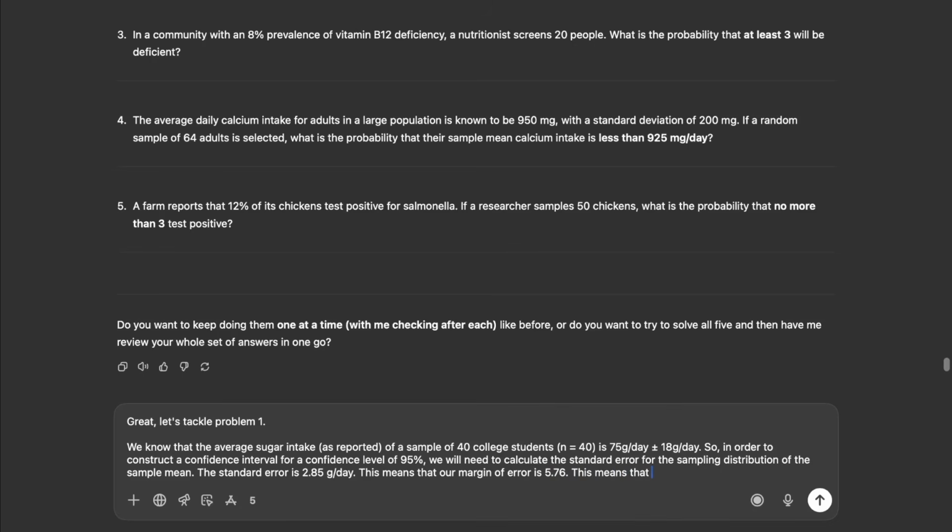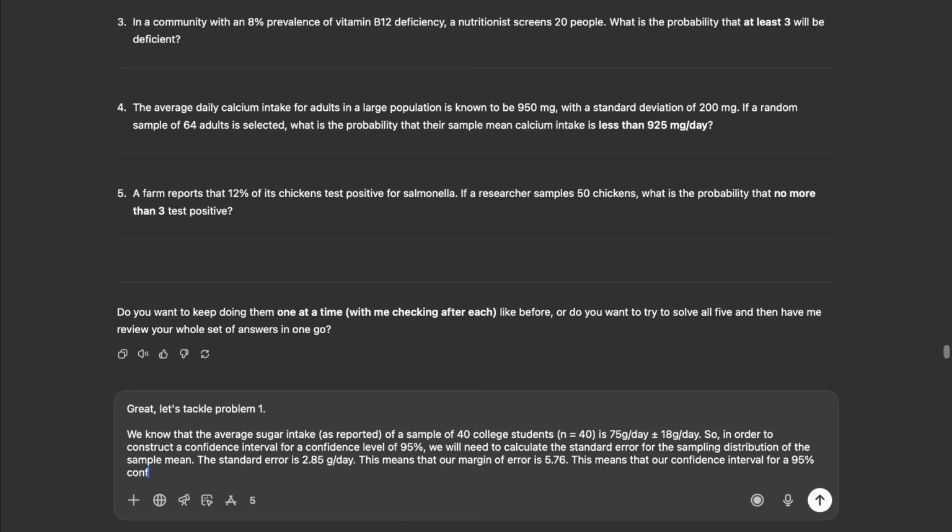This means that our confidence interval for a 95% confidence level is going to be the sample mean plus or minus the margin of error. So that's the answer.